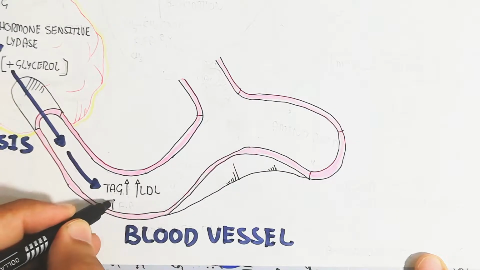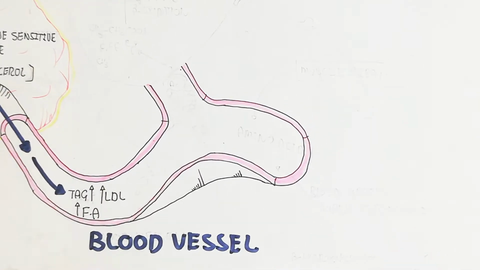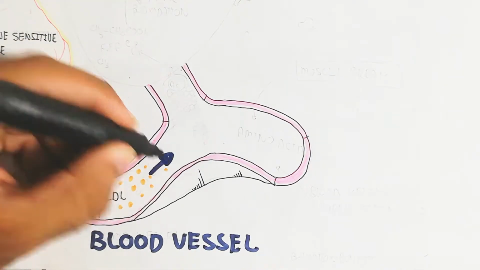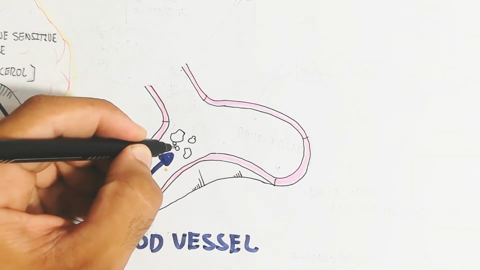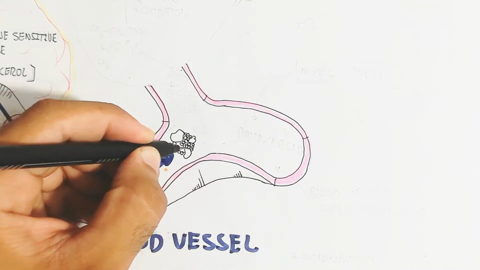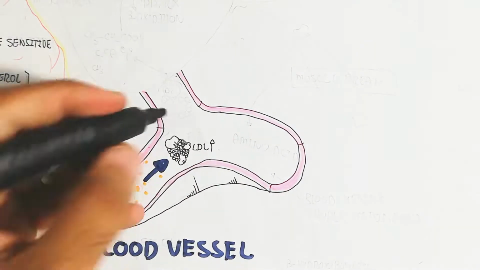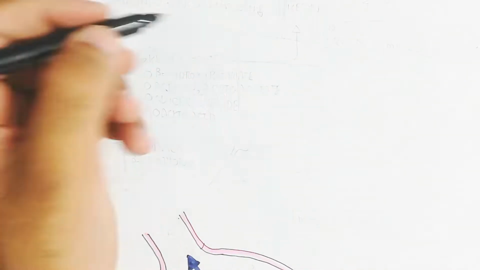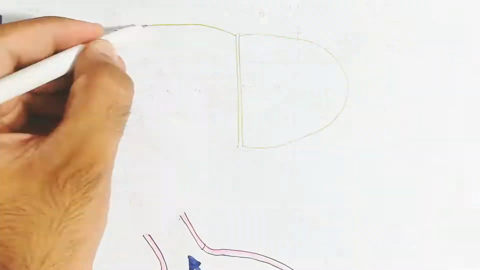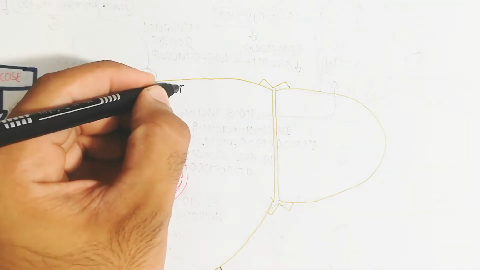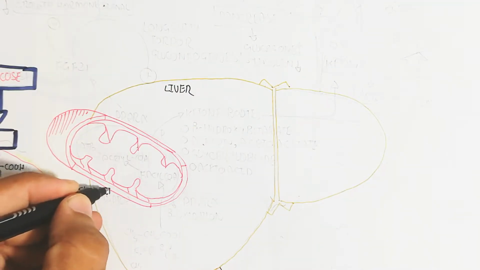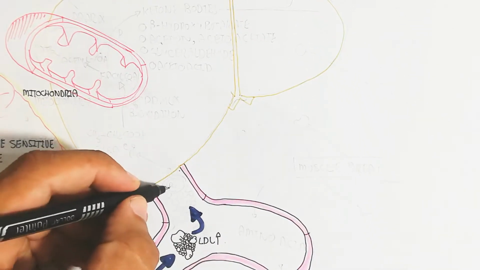The triacylglycerol will increase, low density lipoprotein will increase, meaning more lipid-containing lipoprotein, and the fatty acids will also increase. After this, the increased low density lipoprotein will move toward the liver, the hepatic circulation. Basically this is the mitochondria in the liver, in the hepatocyte.